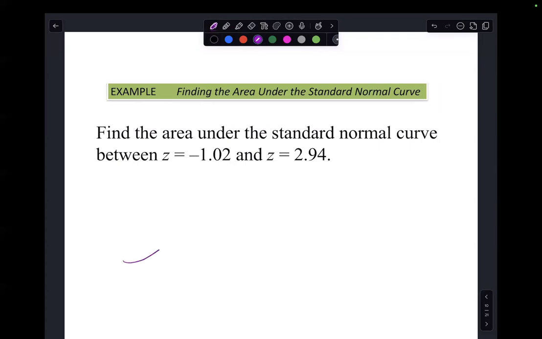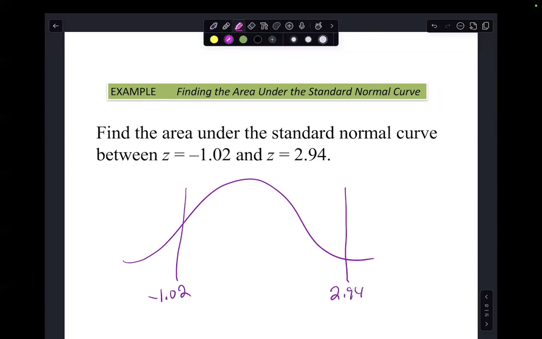So if I'm in my normal curve, and this right here is my Z-score of 1.02, which probably wouldn't be quite that far, but bear with me, and this is my Z-score of 2.94, I can find this whole area, and then subtract off this little area using the Z-table. So what I'm going to do with the Z-table first is find both of these probabilities.